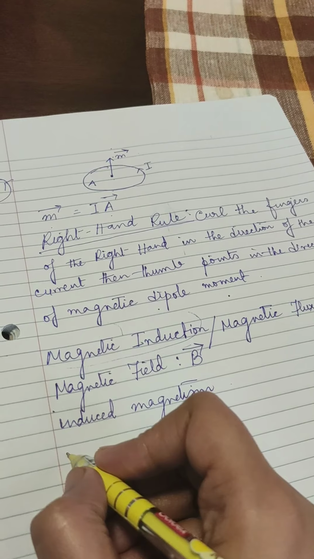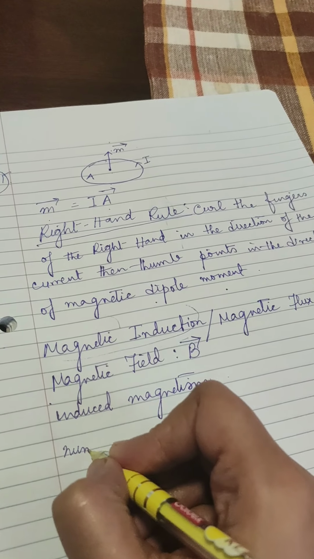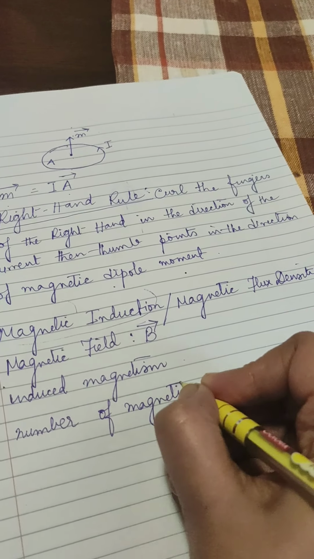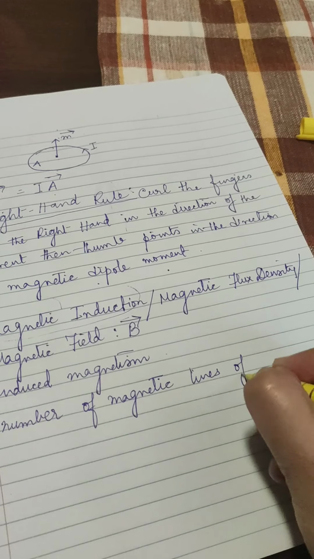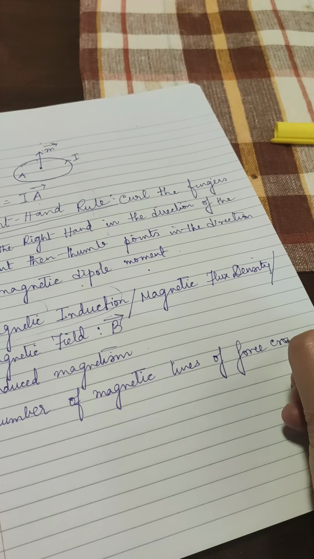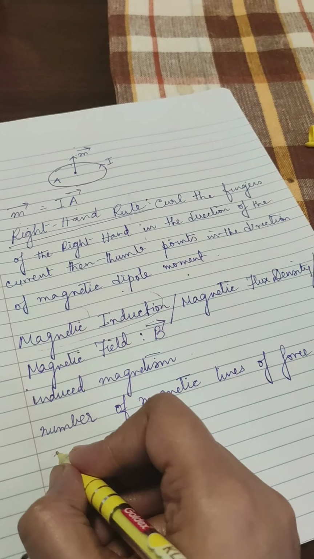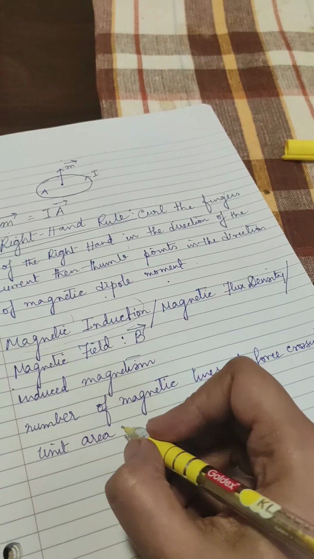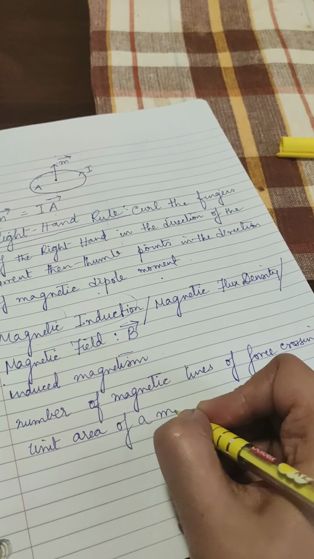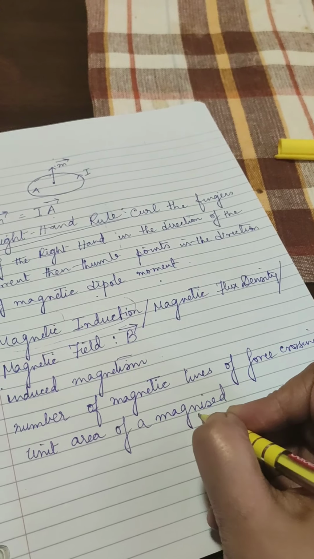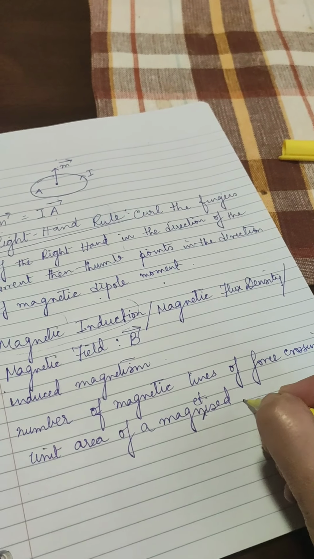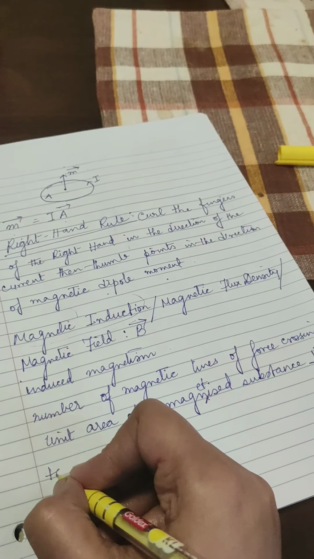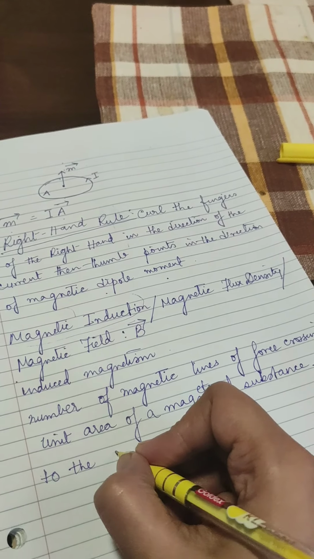It is the measure of the number of magnetic lines of force crossing unit area of a magnetized substance, perpendicular to the area.